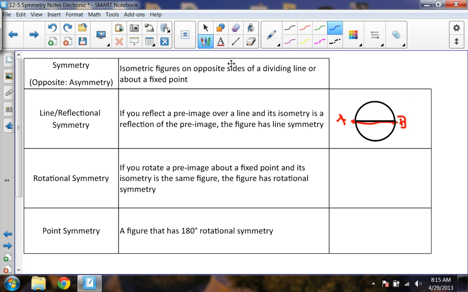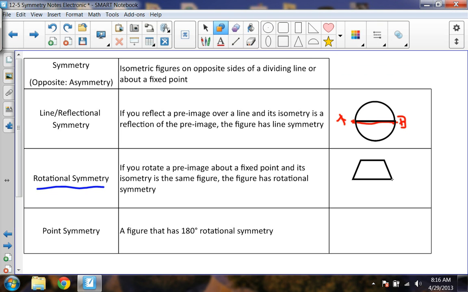Rotational symmetry is if I rotate a pre-image about a fixed point, and its isometry ends up being the same figure. I'm not going to use a circle this time. Let's use a parallelogram, which is specific to rotational symmetry.